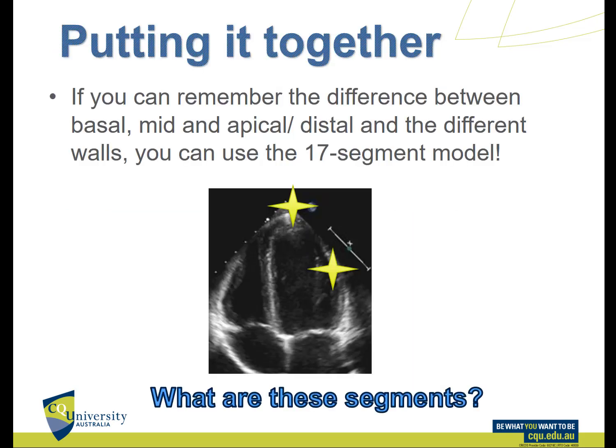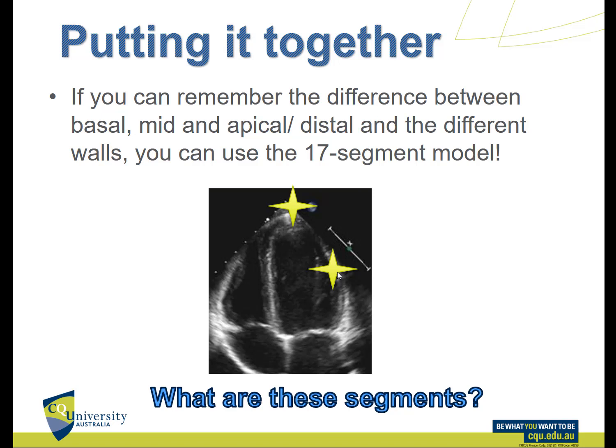All right, so let's put this together. If you can remember the difference between basal, mid, and apical or distal segments and the different names of the walls, you can use this model. So it's not like there are 17 individual different names. Even though there are, I suppose, it's almost like a puzzle and you can put it together.